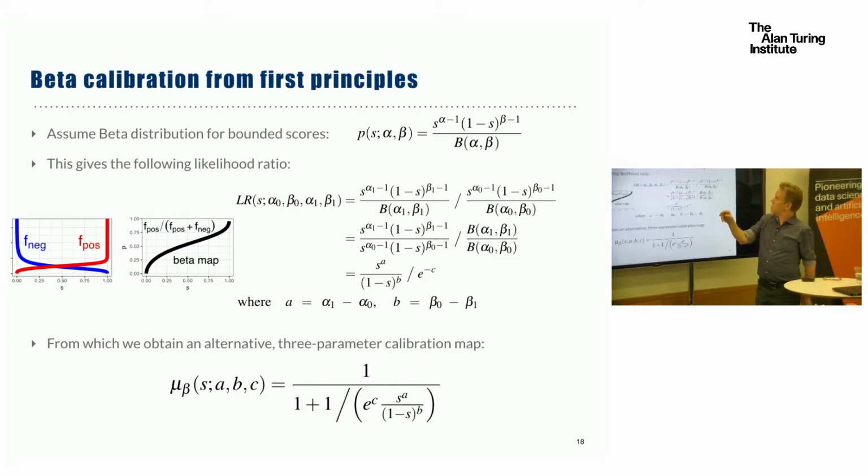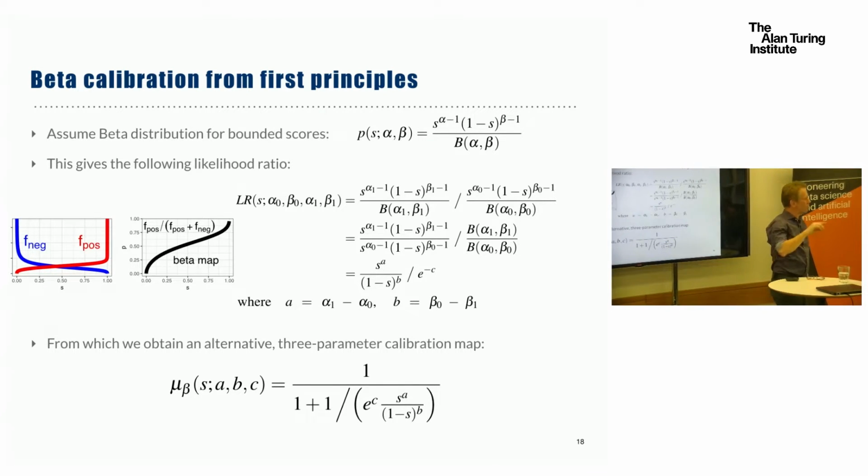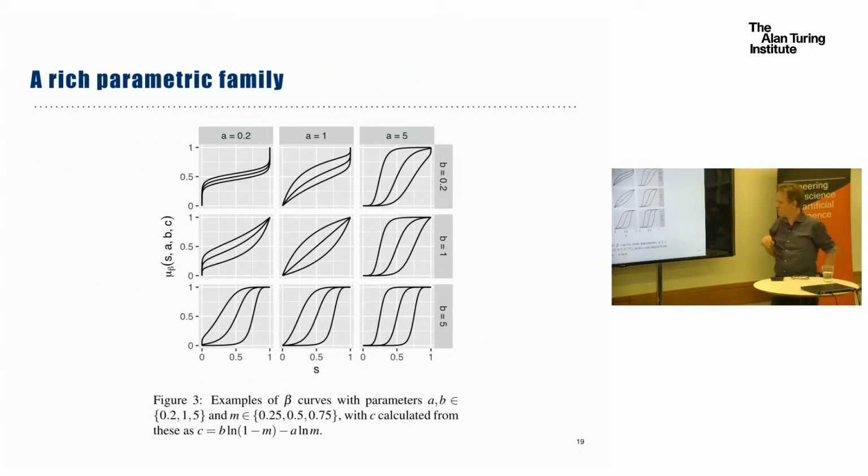And if you do the maths in this way, we have two beta distributions, the likelihoods, we do the likelihood ratio, we convert it into a probability. We get a different class of calibration maps. And this family has some very nice properties. So let me show you just graphically the properties.